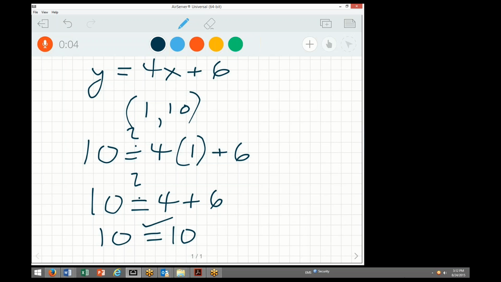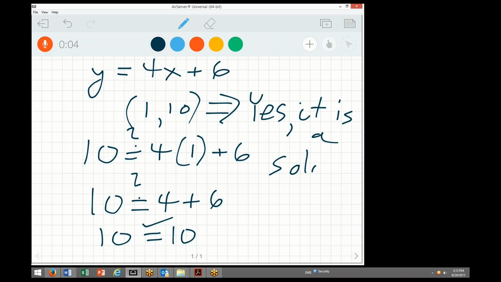And thereby, we can say that the point (1, 10) is a solution point. And this means if we were to graph this equation, that the point (1, 10) would be on the graph of the equation y equals 4x plus 6. We just demonstrated it using algebra.